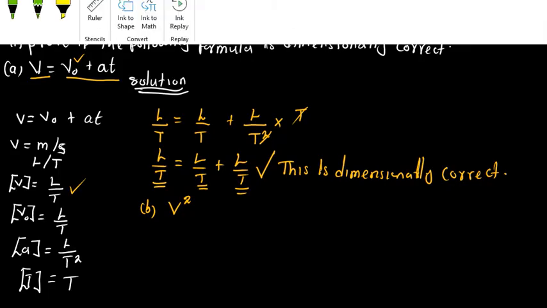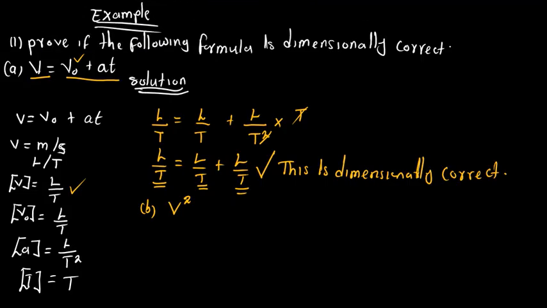So this is V squared is equal to U squared plus 2AX. Let's try to prove if this formula is dimensionally correct.